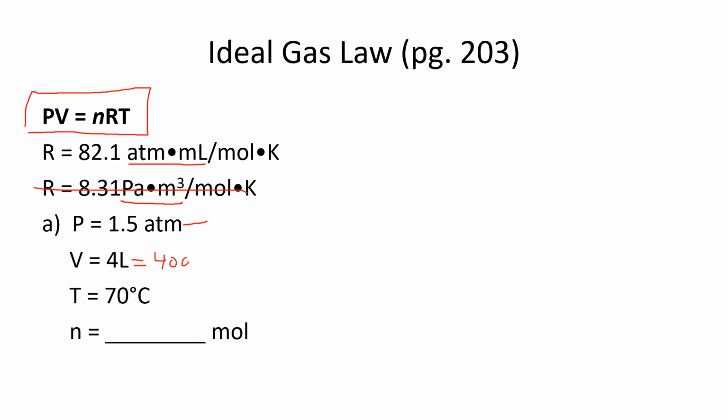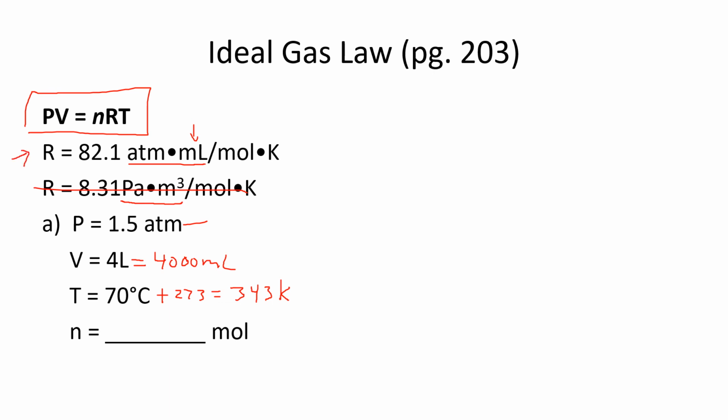No, we need to be in what units? mLs. So just convert that to mLs because you got to be in your correct units. And then Celsius, do we want Celsius? Nada, never, right? 343. Now we're okay to plug and chug as long as we are using the units of our constant.